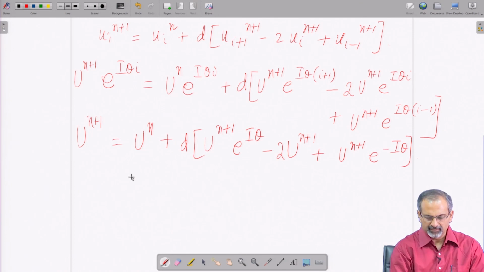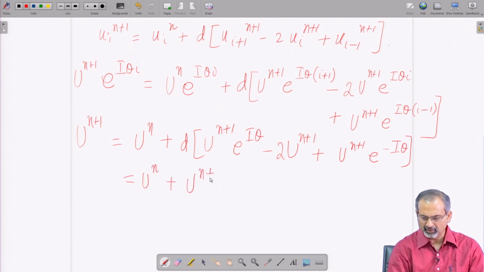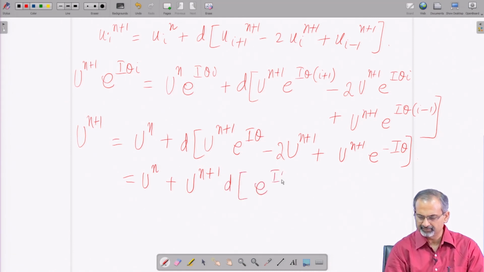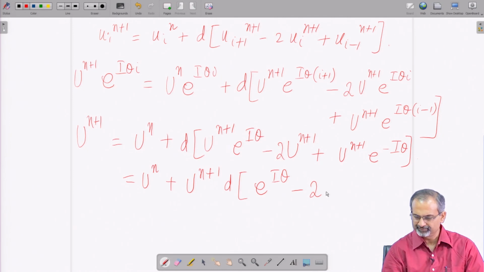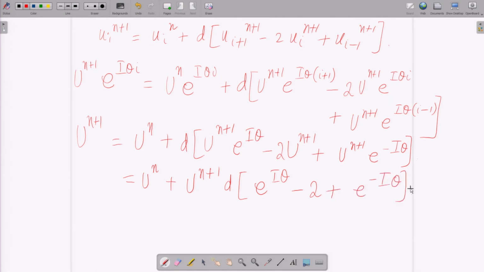Once we have that, we can additionally take the u^(n+1) out of the bracket, and we are left with this. Now if you sum up these two terms, then you will be left with 2 cos theta by the Euler formula.